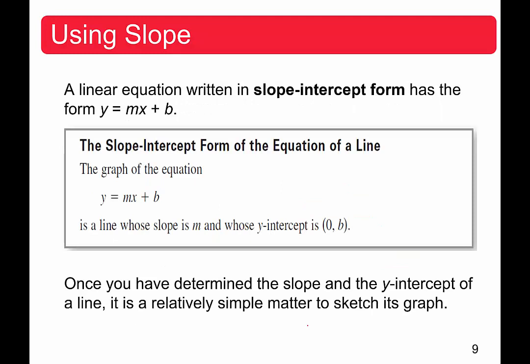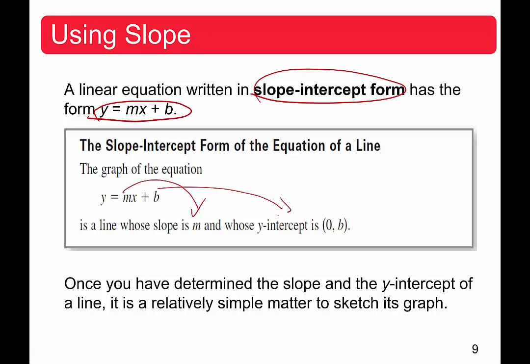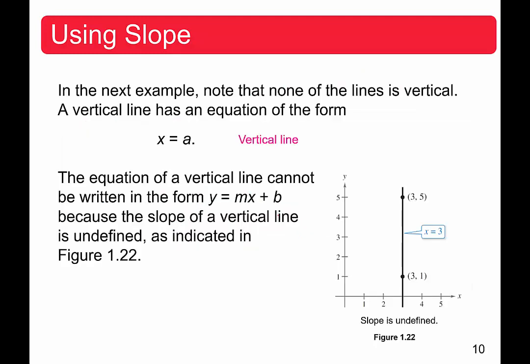So a linear equation written in slope-intercept form has the form y equals mx plus b. Here m is the slope and b is the y-intercept. Now let's take a look at one special type of line called a vertical line. A vertical line usually has an equation in the form x equals a.